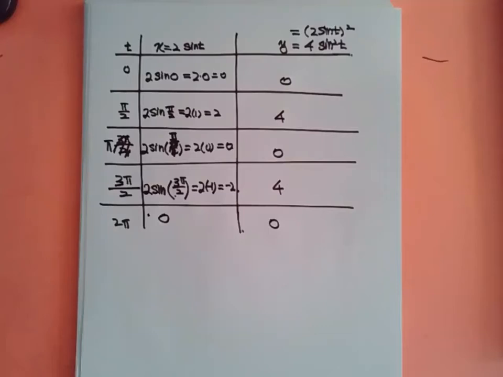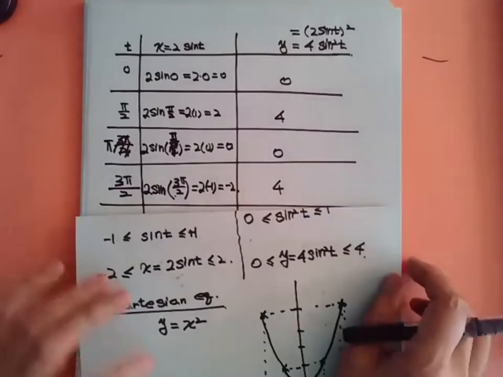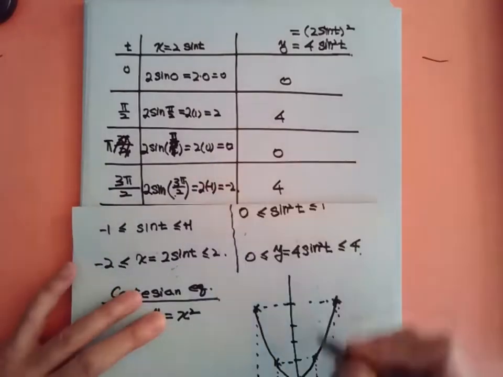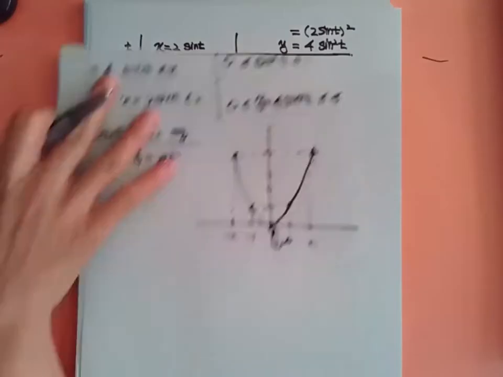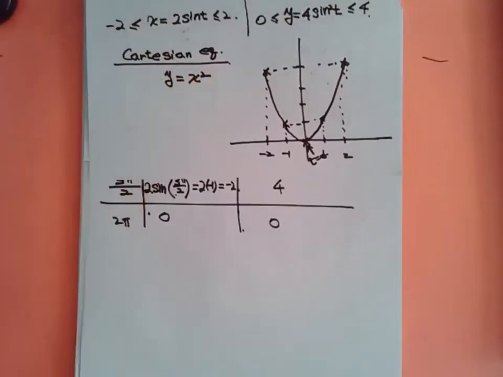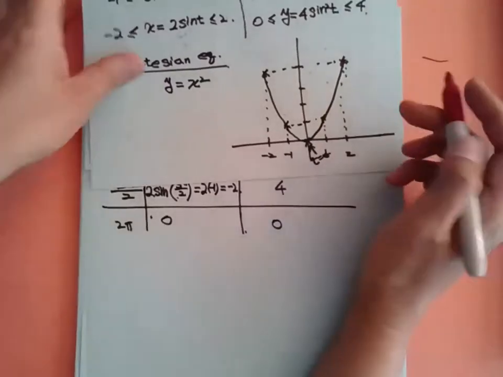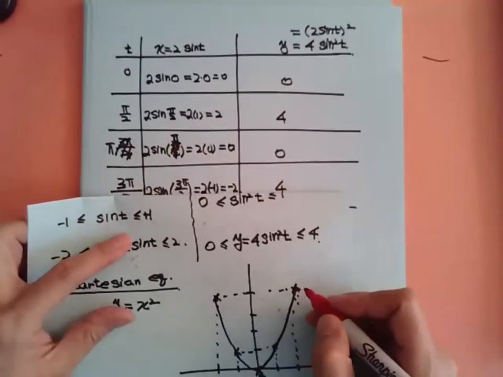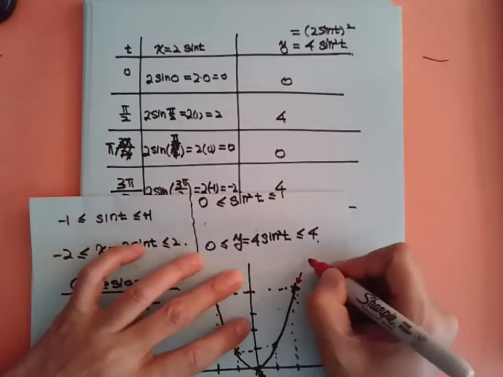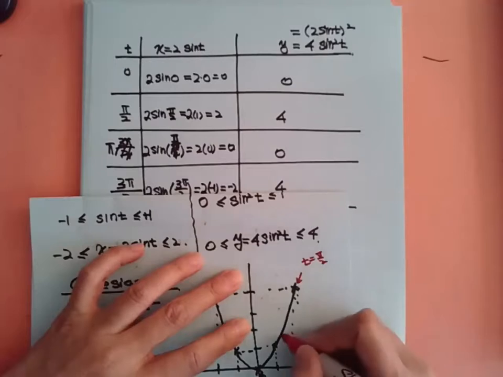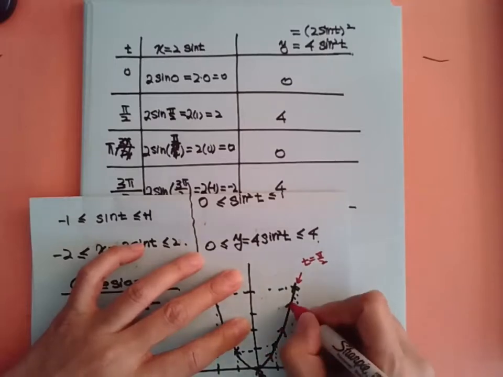So what we want to do is think about the direction. When t equals 0, it was 0, 0, so it starts here. When t equals pi over 2, x equals 2 and y equals 4, so it moves toward this direction.